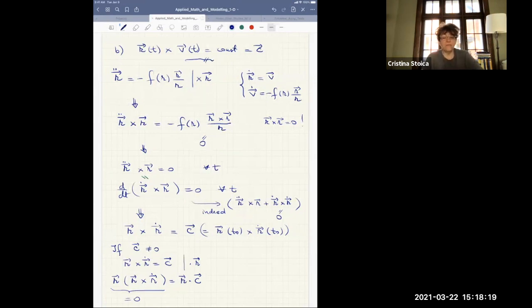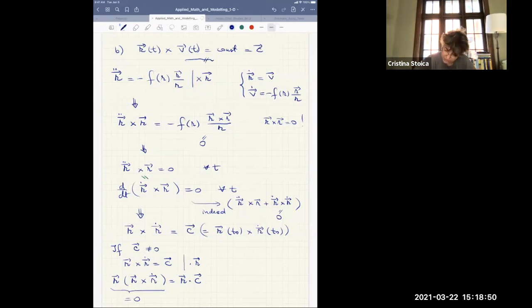It is the volume formed by the three vectors, the volume of the parallelepiped. If I would have V, W, S, the triple product would be the volume of this thing. Now, if two of the vectors are the same, then the volume is zero. And that's exactly why this is zero.